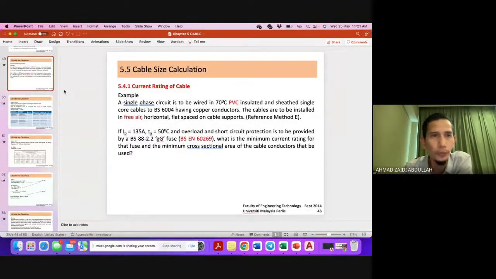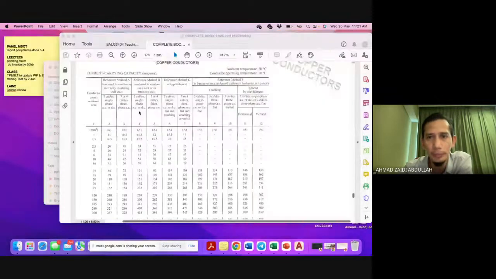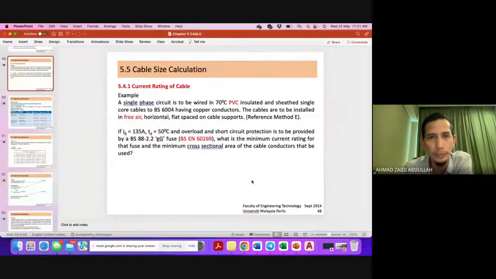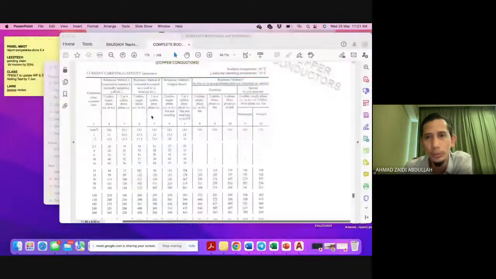So that's why we refer to space, single phase in free space. Horizontal or vertical? They mentioned horizontal, so we refer to horizontal.